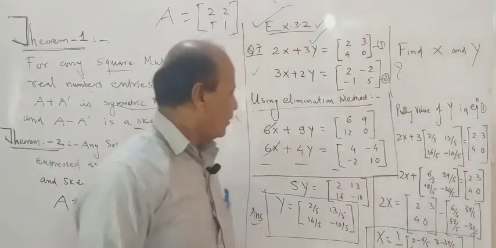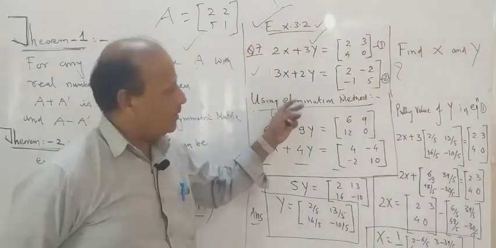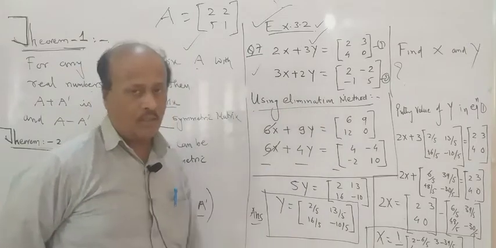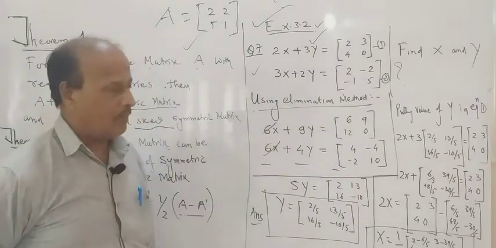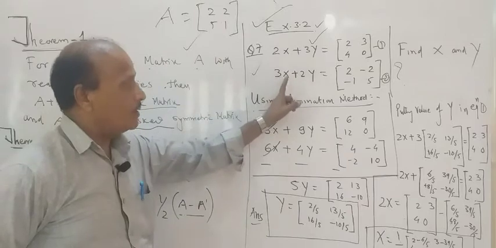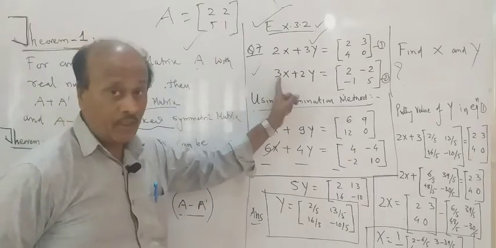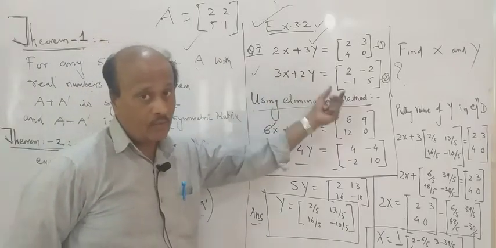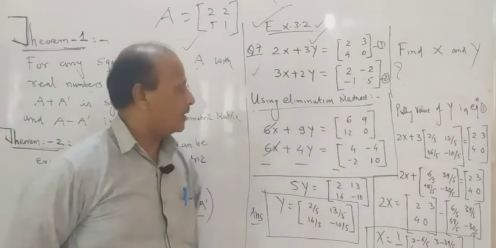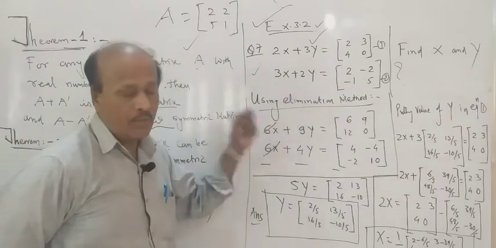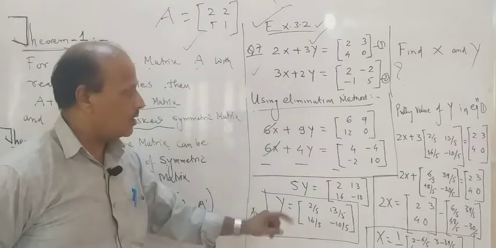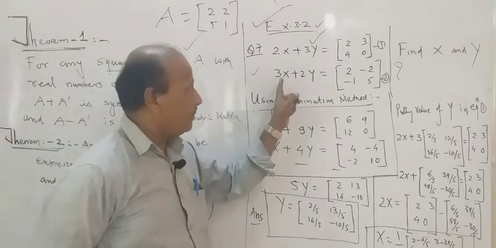So just like the elimination method which we use in 10th standard, here also you use the elimination method. Eliminate one of these. Again I am not using the word variable. X and Y are not variables, X and Y are matrices. So try to eliminate one of the matrices. What I did in this question, I have eliminated the X matrix. How?